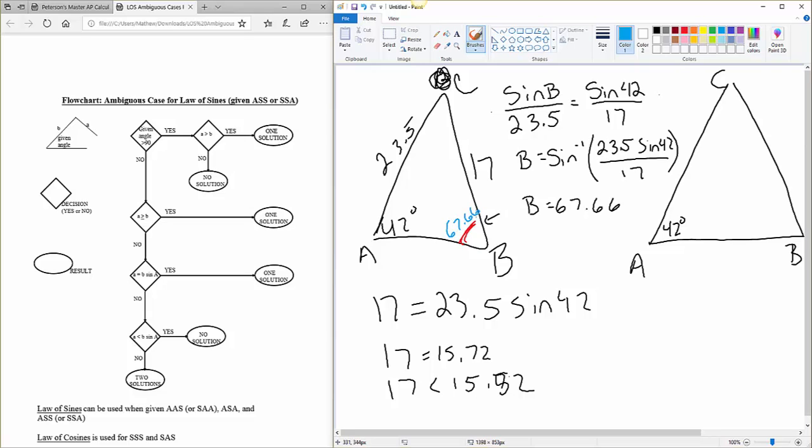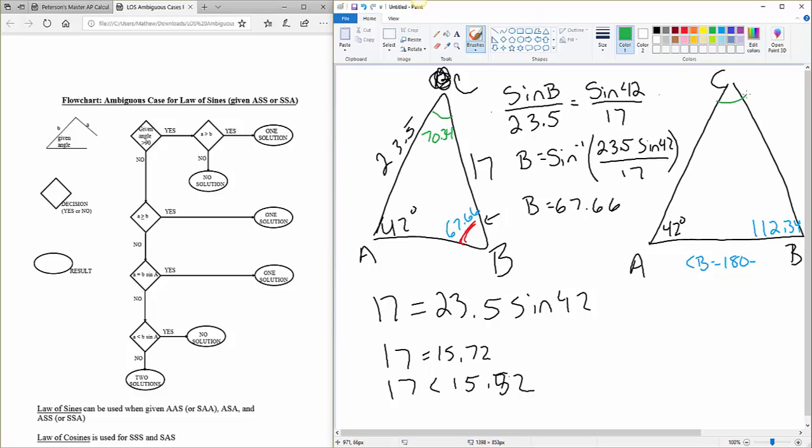Now to find my new angle B, it's going to be 180 degrees minus that. So that's 112.34. Now to find this angle C here, 180 degrees minus the other two, so 180 degrees minus 42 minus 67.66, so that's 70.34.